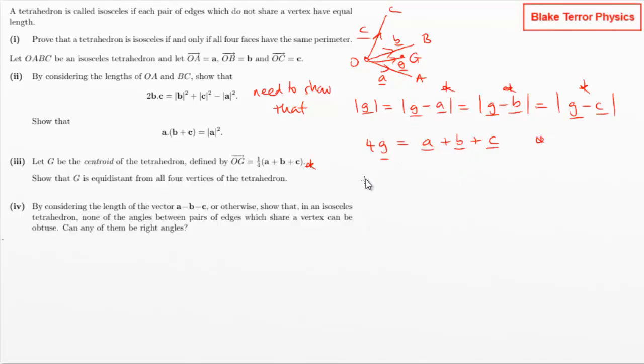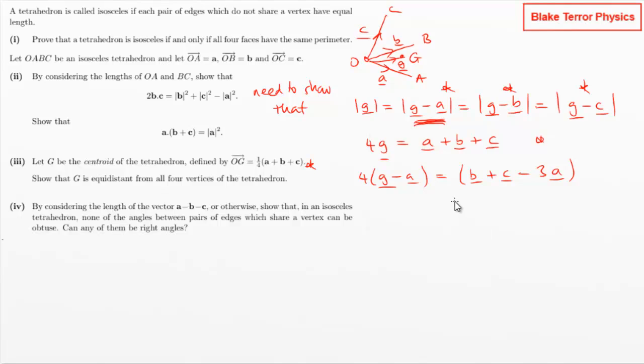But still, let's think about that. So if I had 4 lots of G minus A, let's do this first one here, I can take 4A off the other side, so that is going to be B plus C minus 3A.